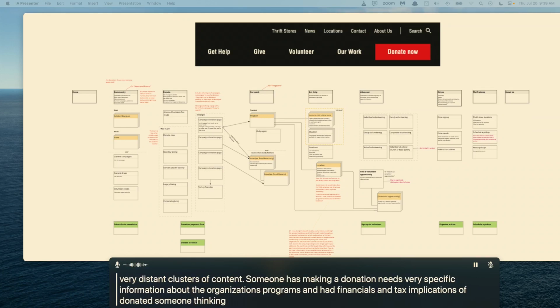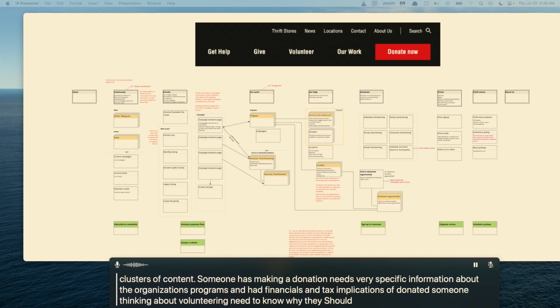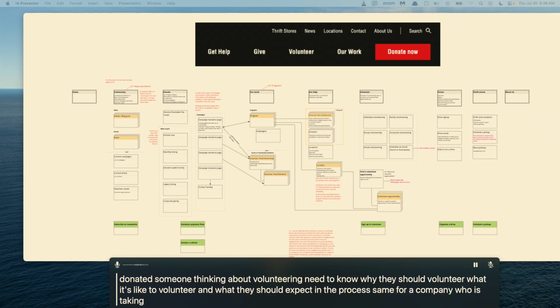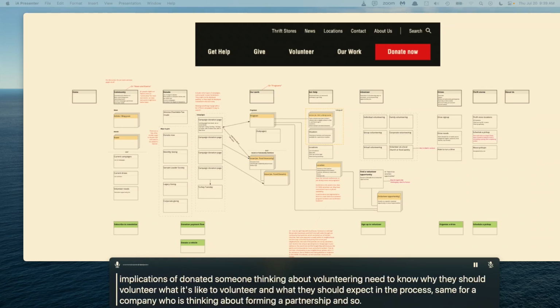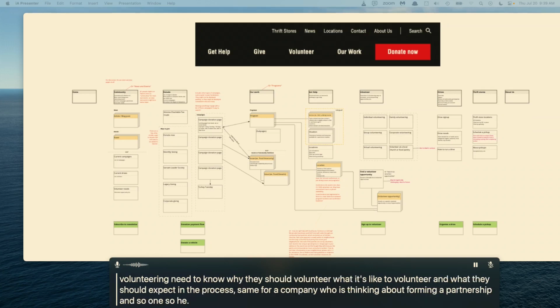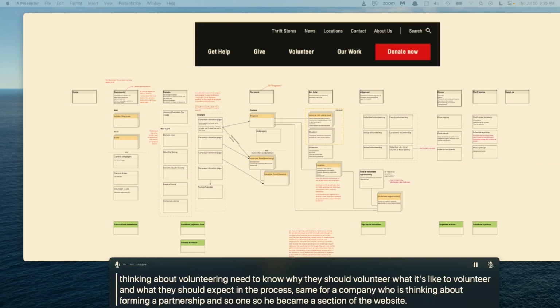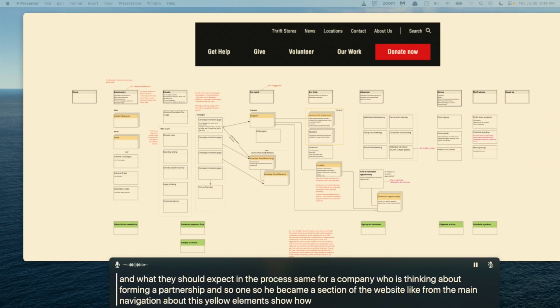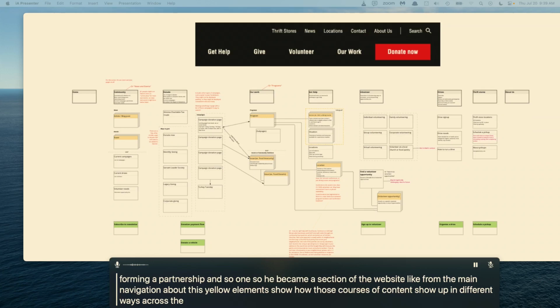Someone thinking about volunteering needs to know why they should volunteer, what it's like to volunteer, and what they should expect in the process. Same for a company who's thinking about forming a partnership, and so on. So each of those things became a section of the website linked from the main navigation. But these yellow elements show how those core pieces of content show up in different ways across the different sections of the website.